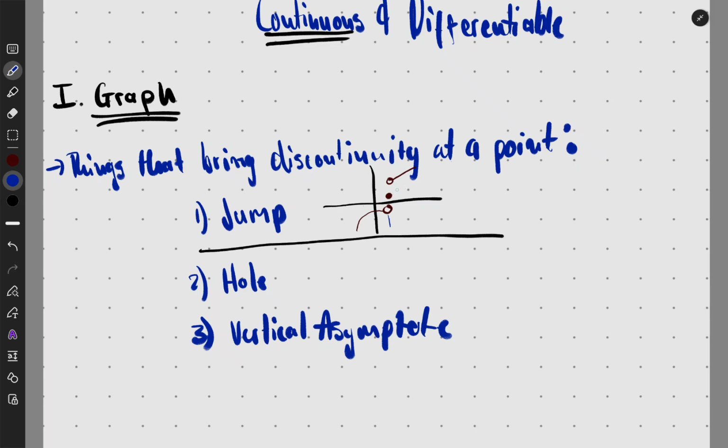Then when it wants to continue, it will jump to this and continue. So this is a jump. For a hole, you have a function like this, and then you have a hole in the function, then it continues. We will say this function is not continuous at this point C. This function also is not continuous at this point C.